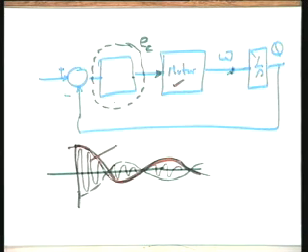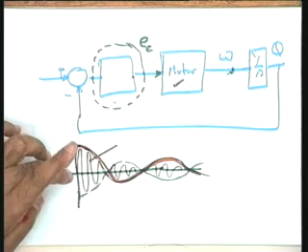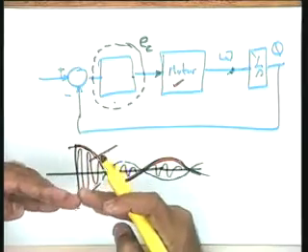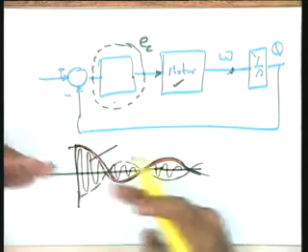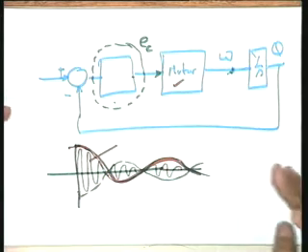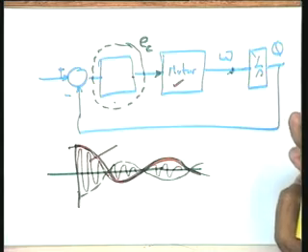You may use a 50 hertz motor, the operational frequency will become 50 hertz. You may use a 1000 hertz motor, the operational frequency will be 1000 hertz, but the envelope will remain the same, because this envelope is an information carrying signal, and this information is about the discrepancy between the commanded position and the actual position.